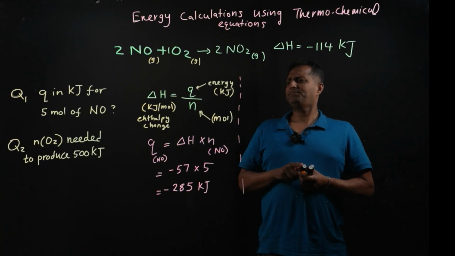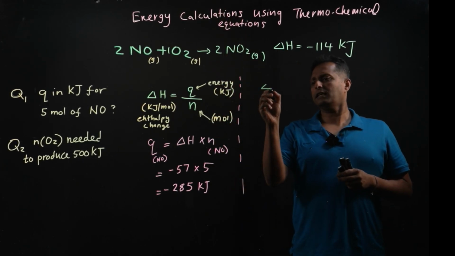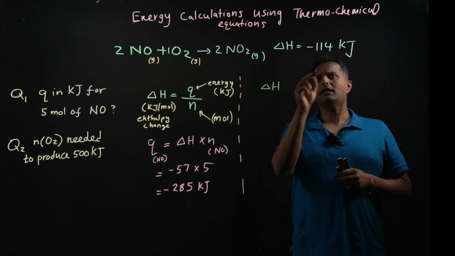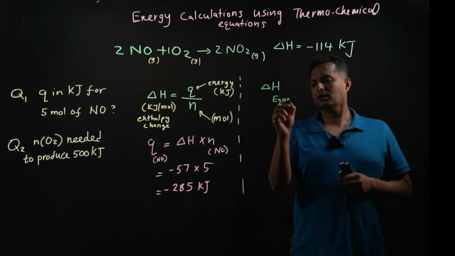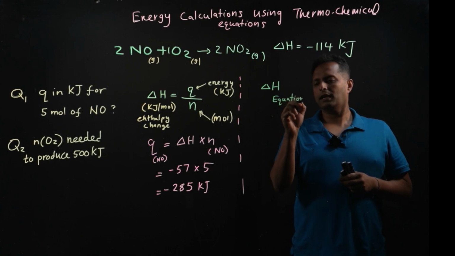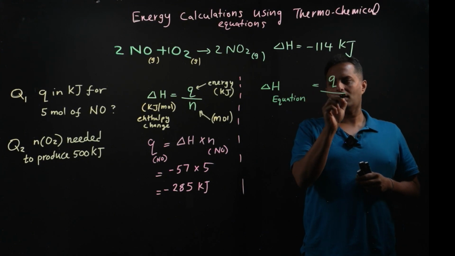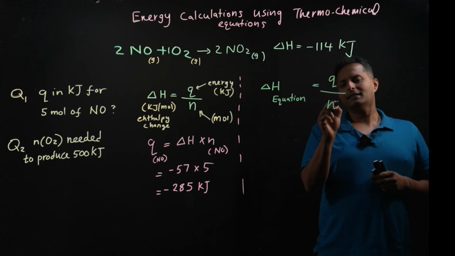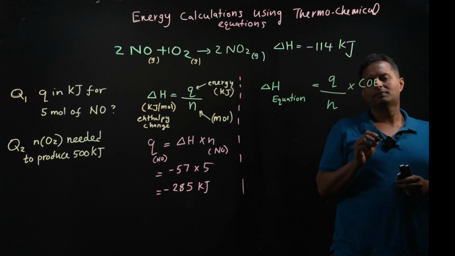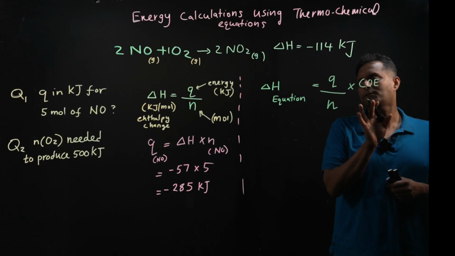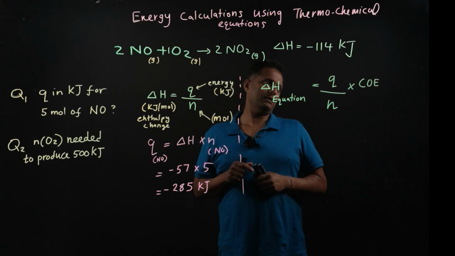Delta H of the equation, or given equation, is equal to the Q, the energy, over the number of moles times the coefficient of the substance according to the balanced chemical equation.